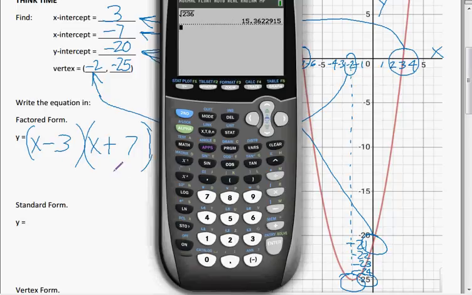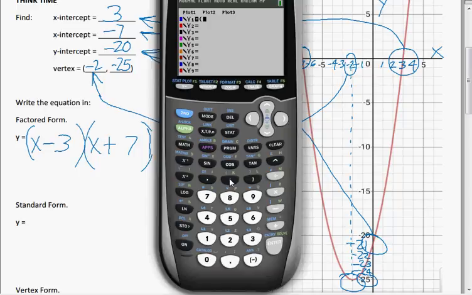X minus 3, x plus 7. To do that, we start off with this button here, the y equals button. After I get the y equals, I can start putting in the equation.